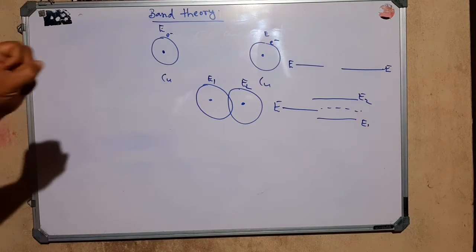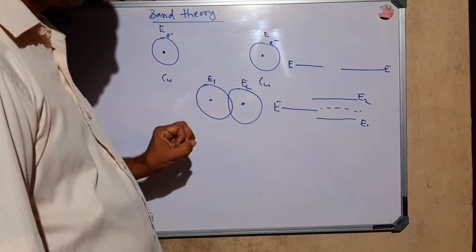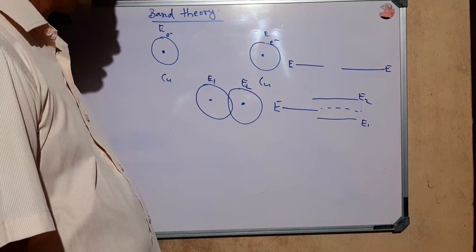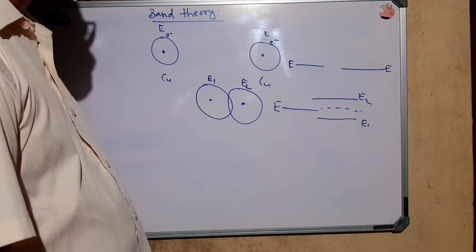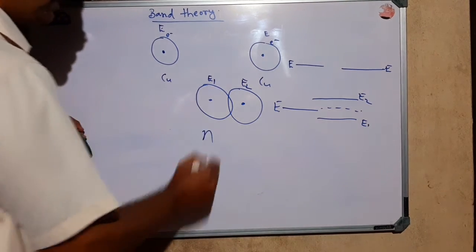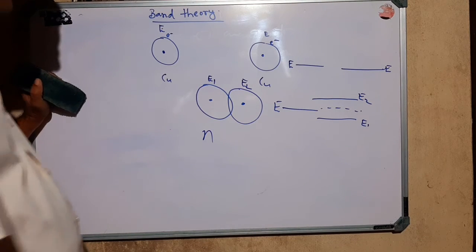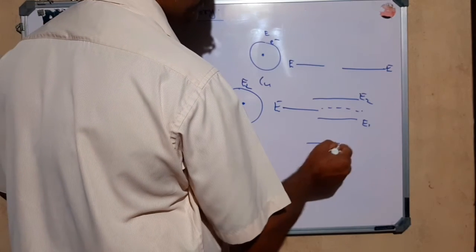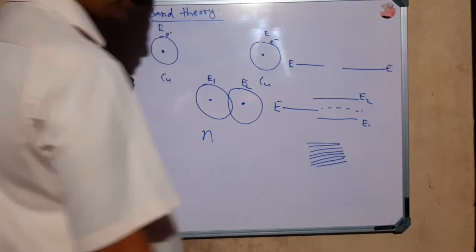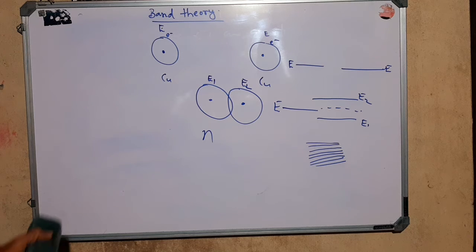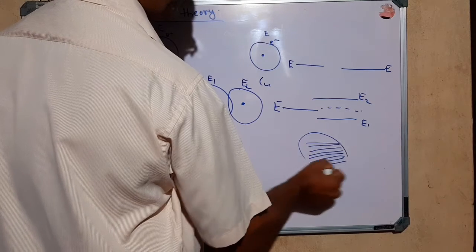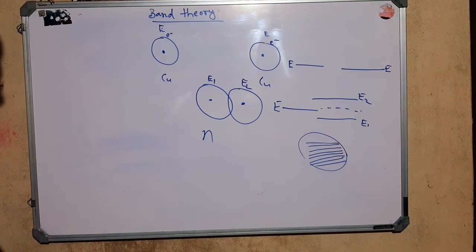That means when you bring two atoms close together, a single energy level splits into two energy levels, E1 and E2. Similarly, when you bring n number of such copper atoms, a single energy level is split into n number of levels. They are very close to each other and look like a continuum. This collection of energy levels is called an energy band.